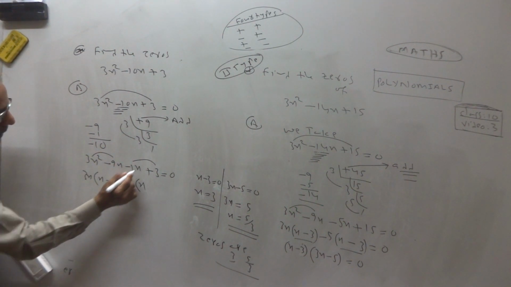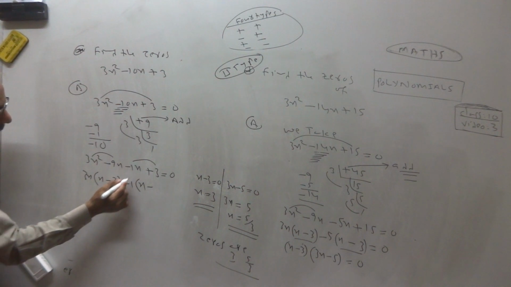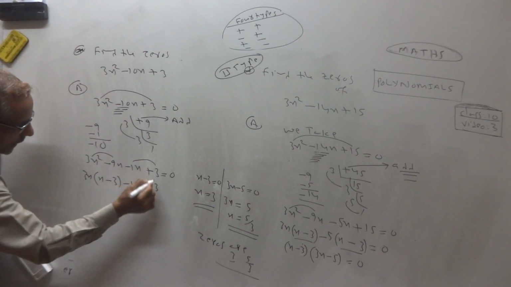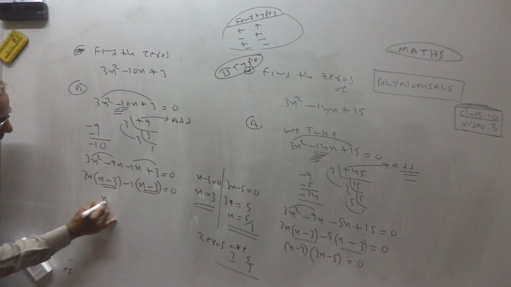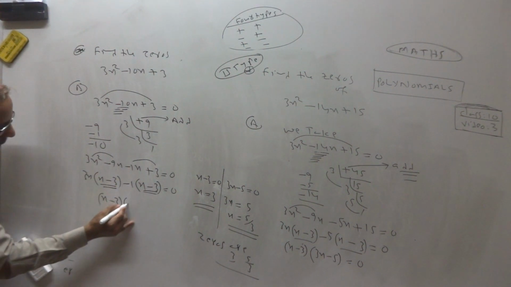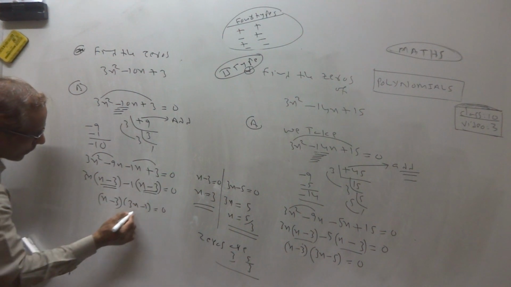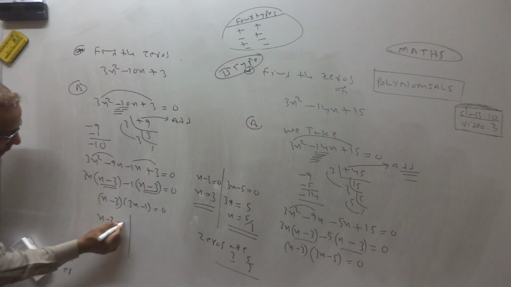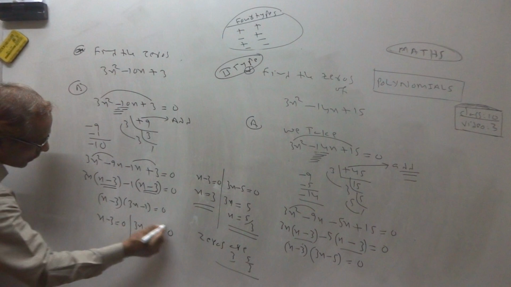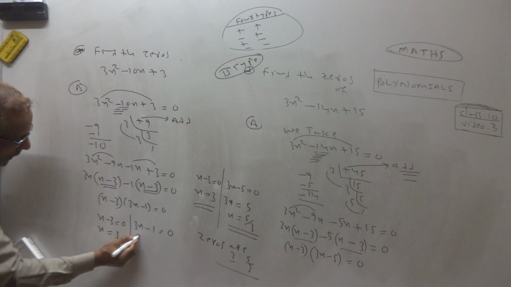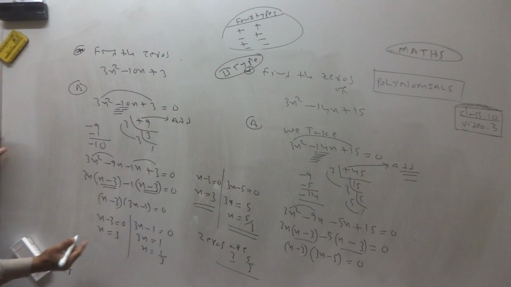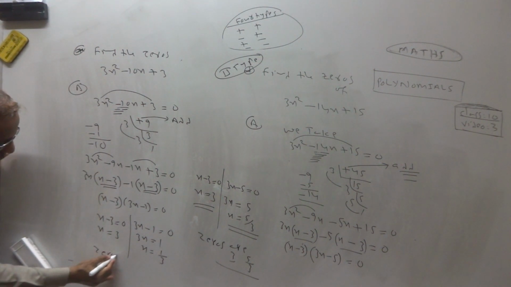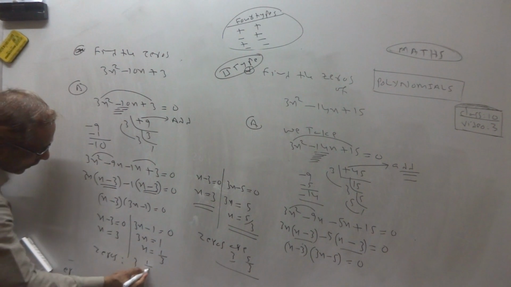X, minus into plus is minus. 1 threes are 3. These two are the same. Write one factor. This is the second factor. Separate them. This is 0. This is 0. X is 3. X is 1 by 3. So what zeros do we get? 3 and 1 by 3.